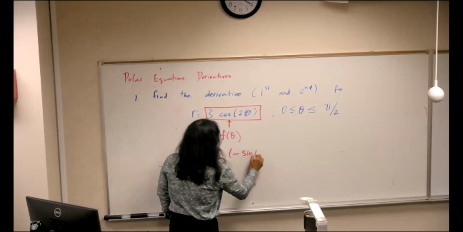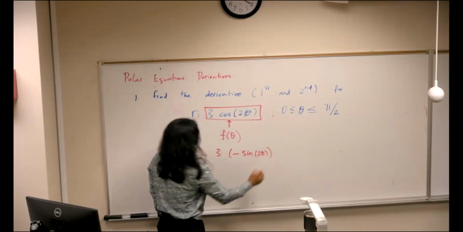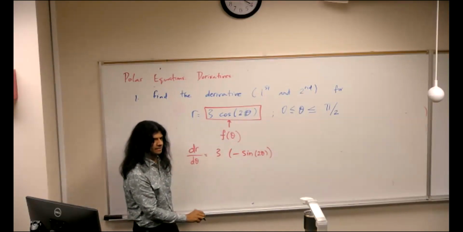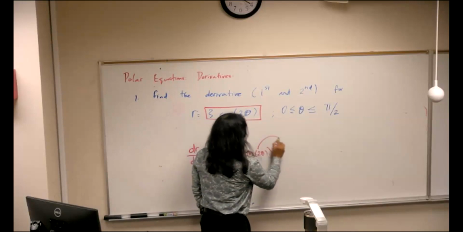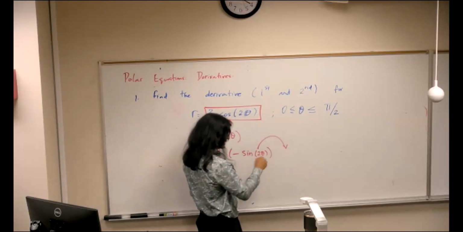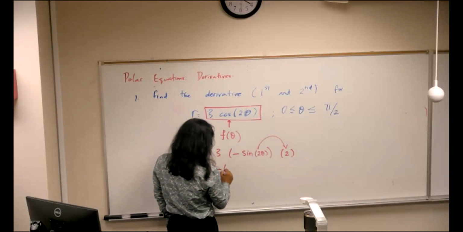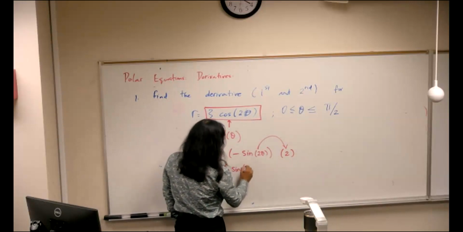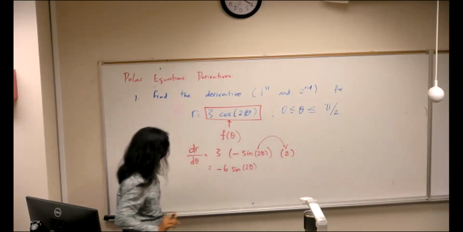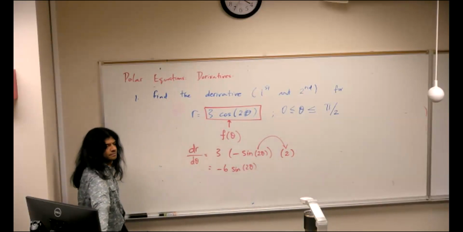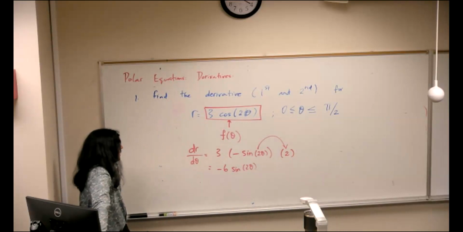Negative sine 2 theta. Are we done yet? No. Take the derivative of that 2 theta, you get 2. So we will get negative 6 sine 2 theta. Good.